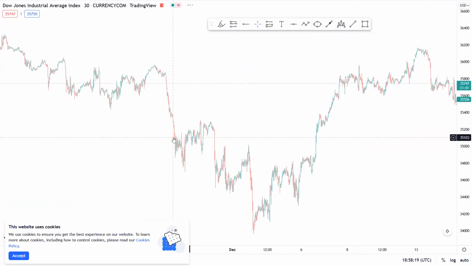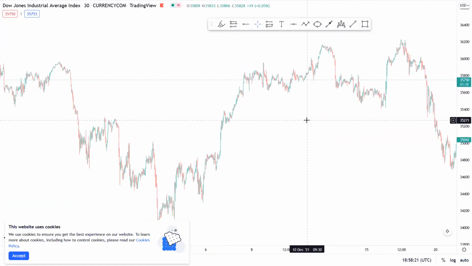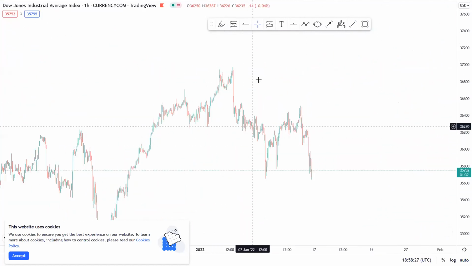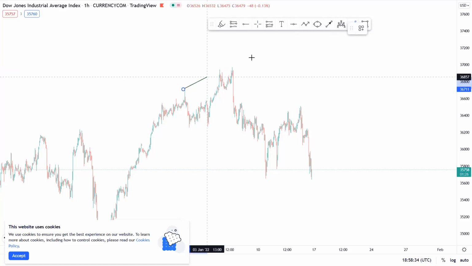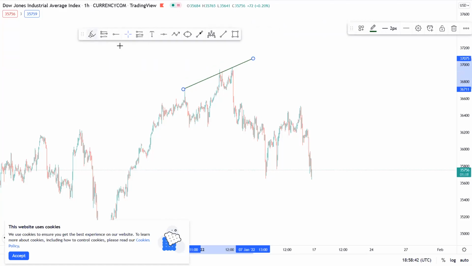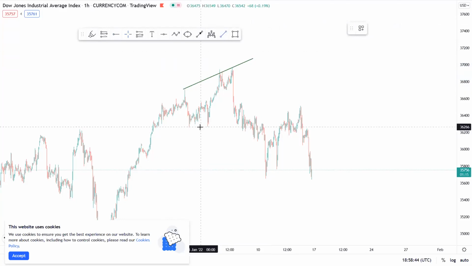As I said, we're gonna look at this together so that we can understand it. I do see a proper rising wedge here, from this trend to this point, and then from this point to this one.